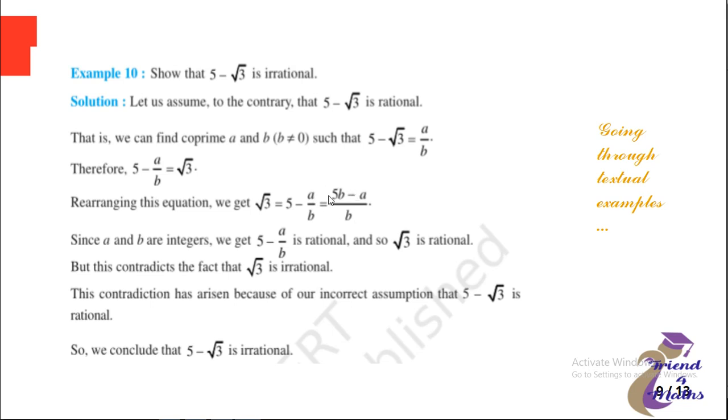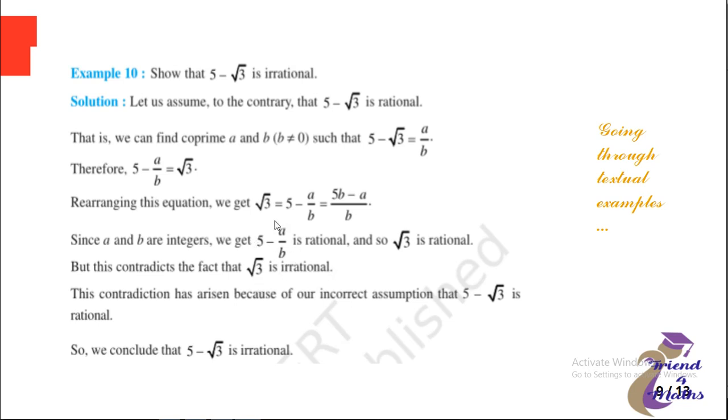And we know that 5, b and a are all positive integers, and definitely this form is a rational number. And if this (5b minus a) by b is equal to root 3, then as this is a rational number, this root 3 also will be a rational number. But we have proved that root 3 is an irrational number.